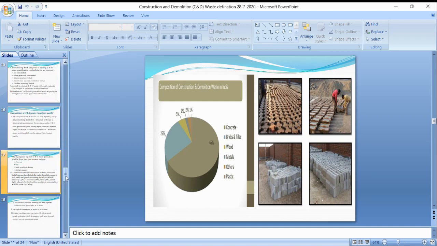So these are the topics we have covered till now. So here we see concrete, bricks and tiles, wood, metal, and plastic. These are the things which we generally use.